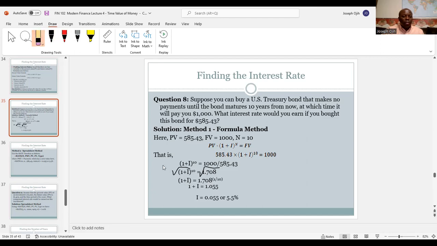I'm going to write this down: 10th root. Put 10 here. So you can see that this 10 here cancels out this 10. That will give us this here. And here it is also the 10th root.